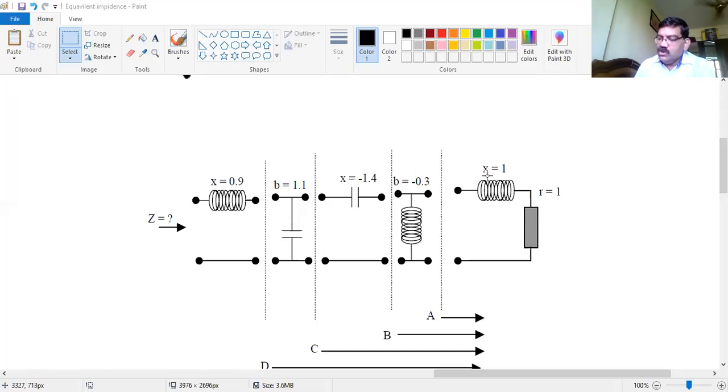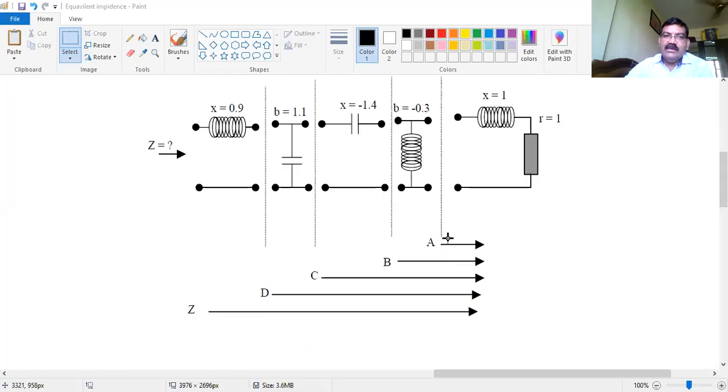I'll name this point A, this is point B, this is point C, this is point D, and ultimately you will get the point Z. This way, one by one, we will plot on the Smith chart and finally get the Z. I'll name these AZ if it is an impedance and AY if it is an admittance. How that is, I'll explain while doing this.